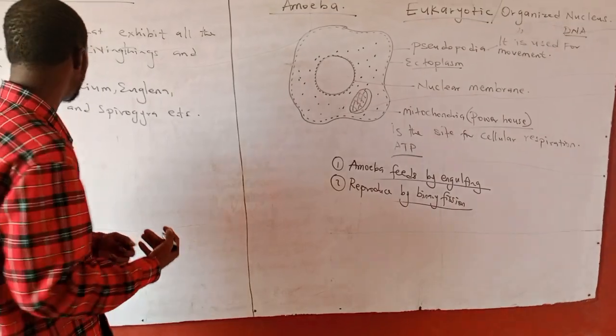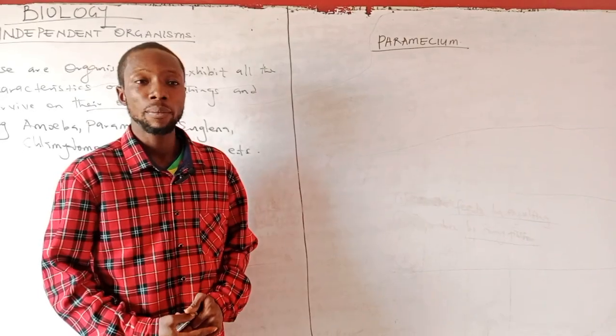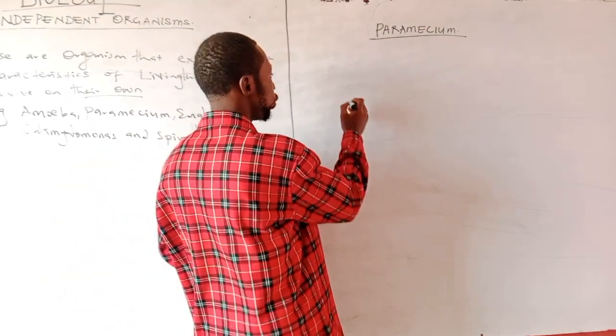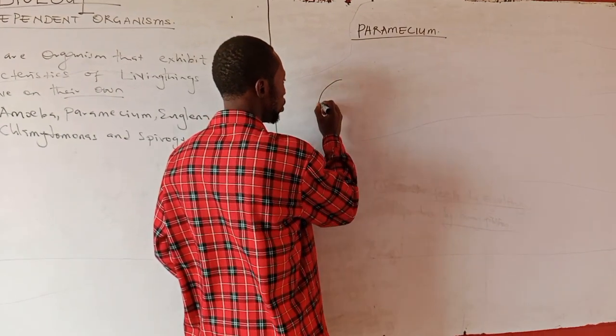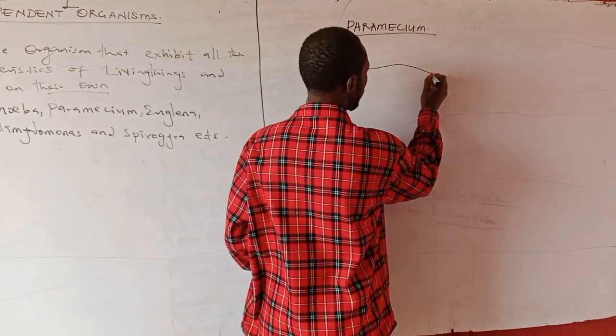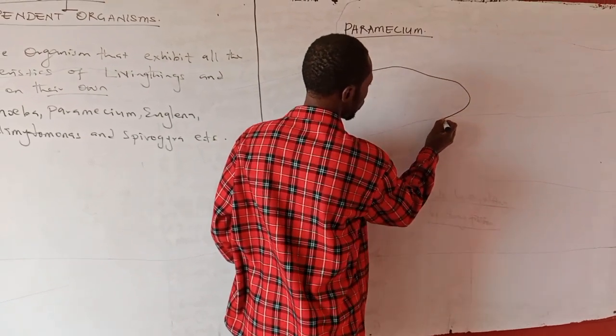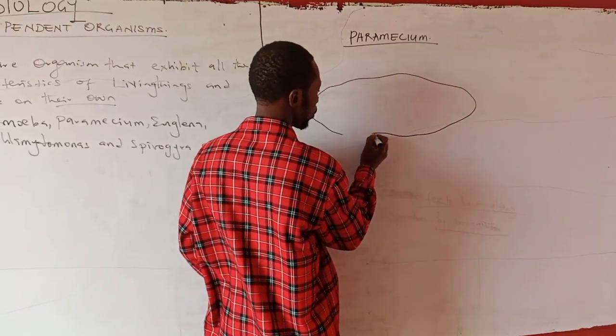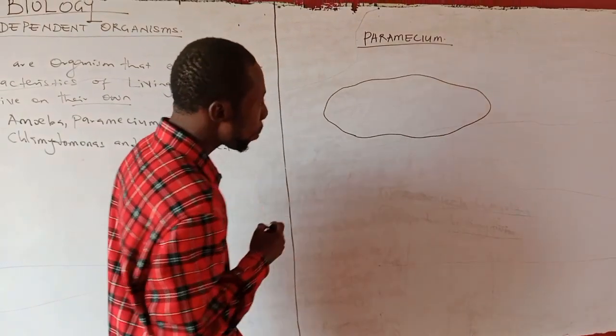The next, let's look at Paramecium. Paramecium, alright? This is the shape of Paramecium. It looks like the human foot. This is how Paramecium looks.